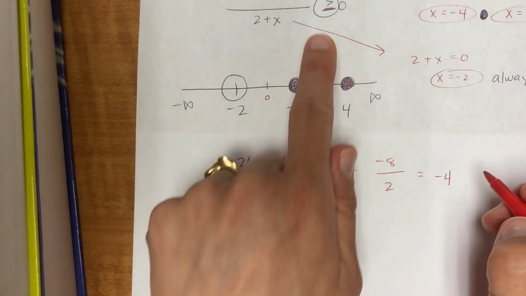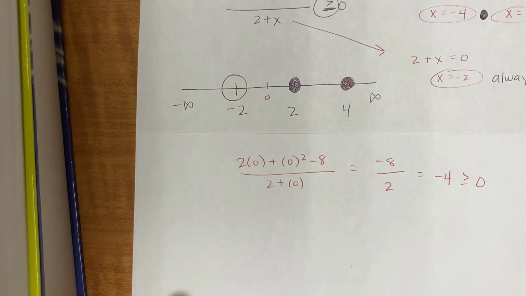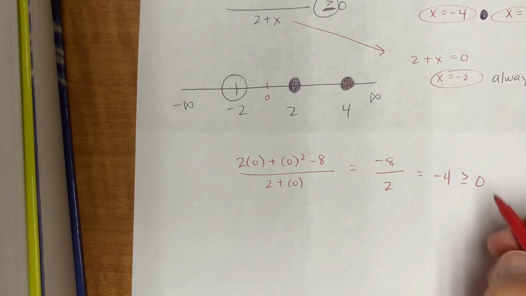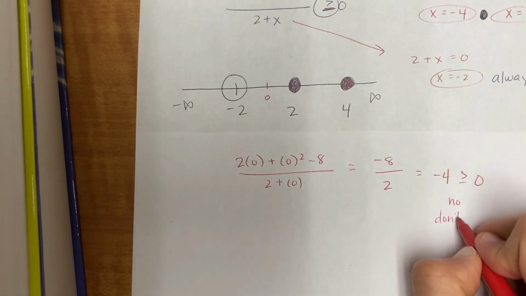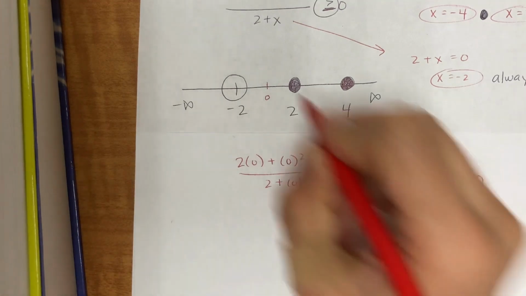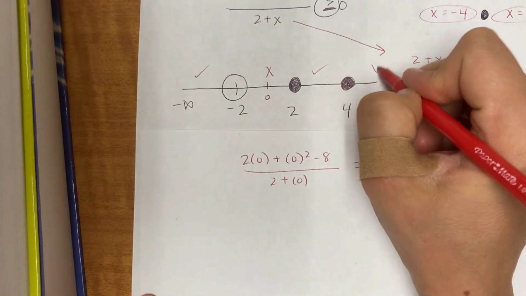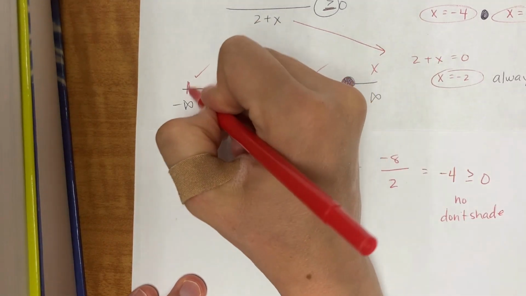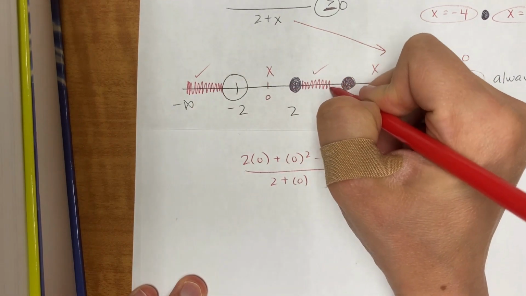So is -4 greater than or equal to 0? Is the bigger part of the V facing the bigger number? This is my V. No, so don't shade. So I'm not going to shade here. Your homework's set up where you shade every other interval. That's not necessarily true in other math classes or with other textbooks.